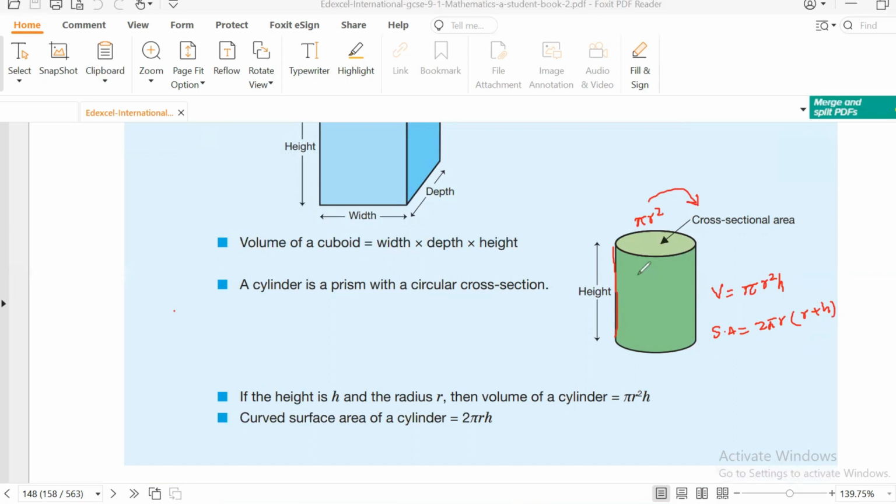If you want only the curved part, the curved surface area of a cylinder is equal to 2 pi r h. When they write total, this formula will work for us. So let's have a look at a few questions related to these formulas.